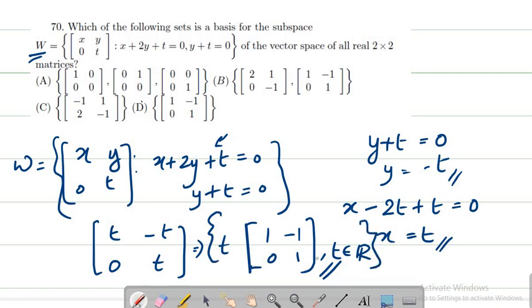So that means what? If you take a set containing this vector alone, then before going to that, what is the dimension of this subspace W?